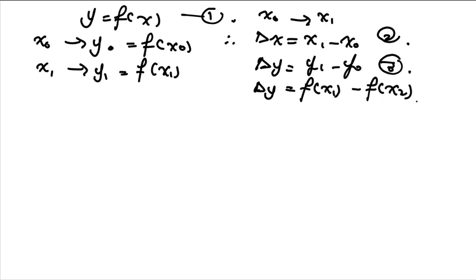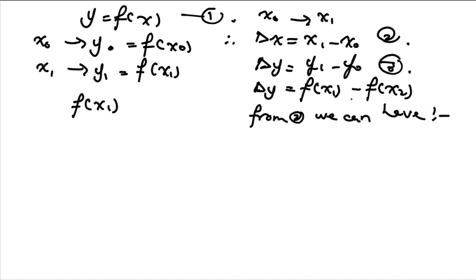Alright? Now, could you realize that, okay, if we have f of x1, and we know that change in x equals x1 minus x0, then from 2 we can have something like this.